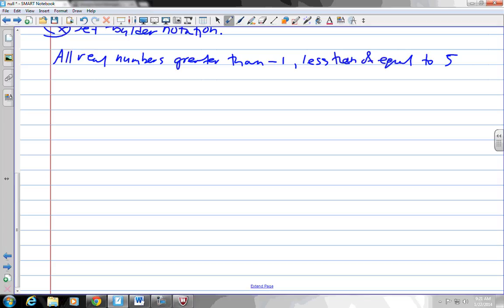So then all I have to do is say, well, what do all those p's have in common? They all have to be greater than -1, right? So I'll write it like that. Each p is greater than -1, but less than or equal to 5, so I'll toss that in there. The equal inequality, right?